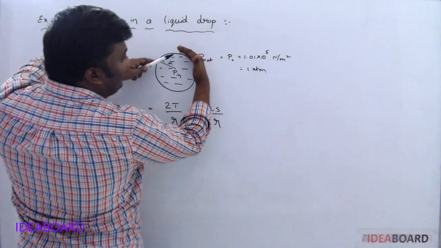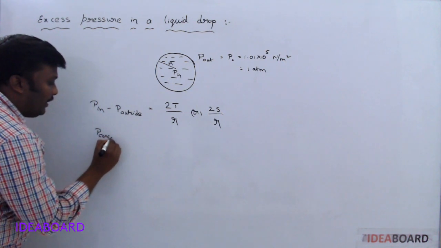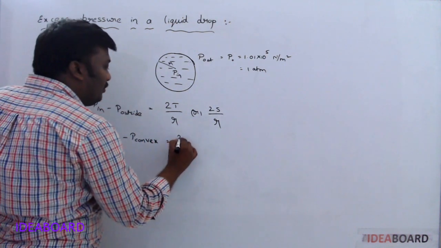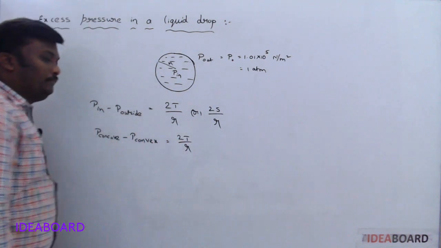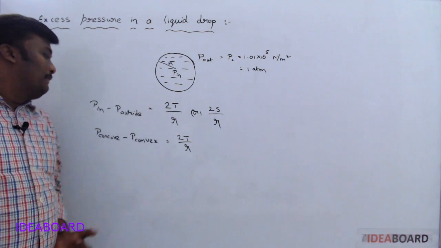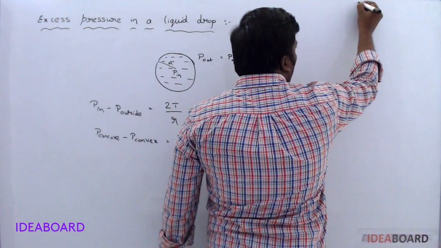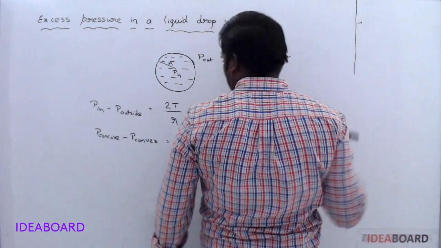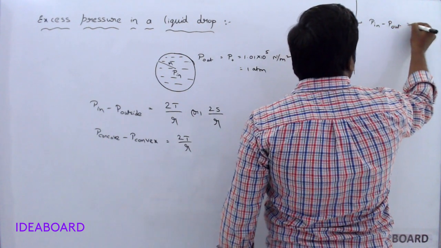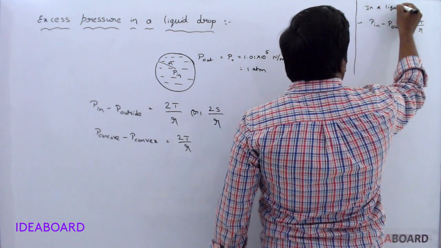Hence, sometimes we use P concave minus P convex is equal to 2T by R. So, pressure inside minus pressure outside is 2T by R, or pressure concave minus pressure convex is equal to 2T by R. Now, we would like to write this formula: P inside minus P outside is equal to 2T by R in a liquid drop.